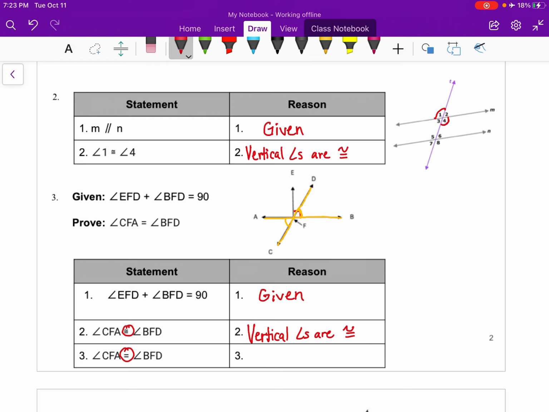If you think back to what we said a few minutes ago, when we go from congruent to equal or from equal to congruent, we would use the definition of congruence as our reason. So once again, the reason for statement 3 is the definition of congruence.